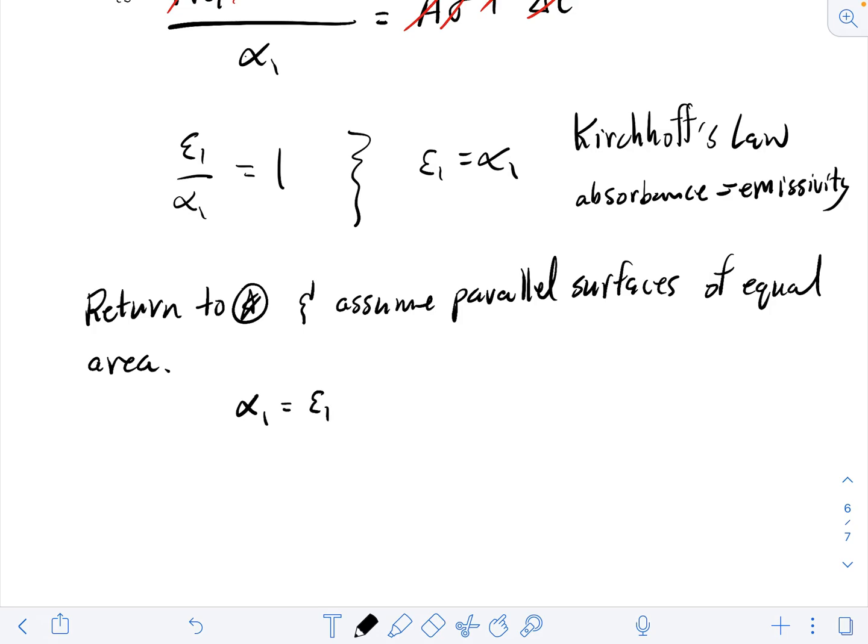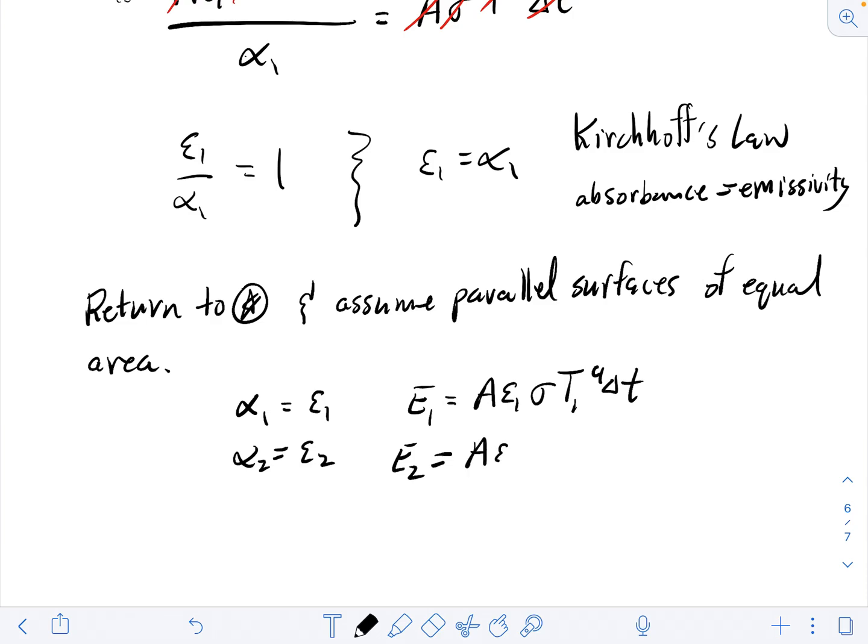And so surface 1 is going to have an absorbance alpha 1, which we now know is equal to the emissivity epsilon 1, and same for surface 2. E1 for surface 1 is going to be A epsilon 1 sigma T1 to the 4th delta T. And surface 2, now it's not necessarily a black body, right?